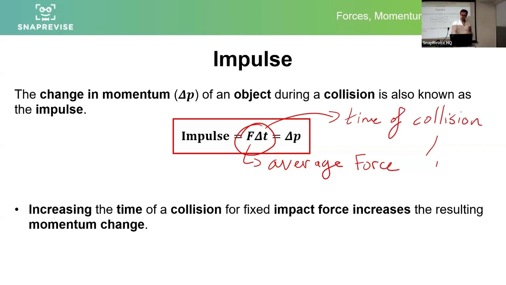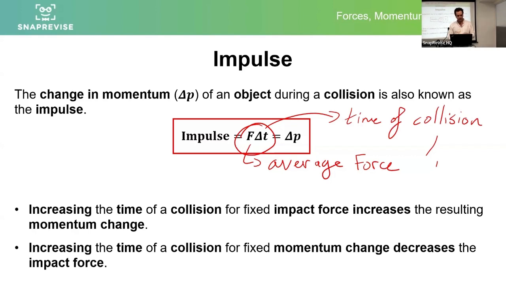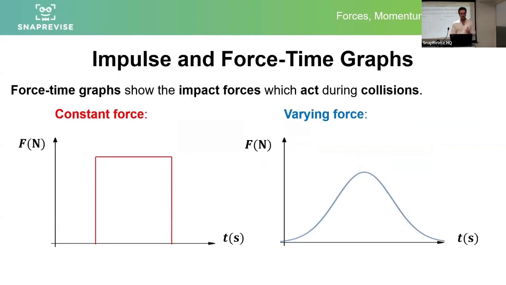That makes sense. If you apply a force for longer, you'll impart more impulse, more momentum to it. The converse is increasing the time of collision for a fixed momentum change, i.e. the car crash, decreases the impact force. Good for not getting injured.